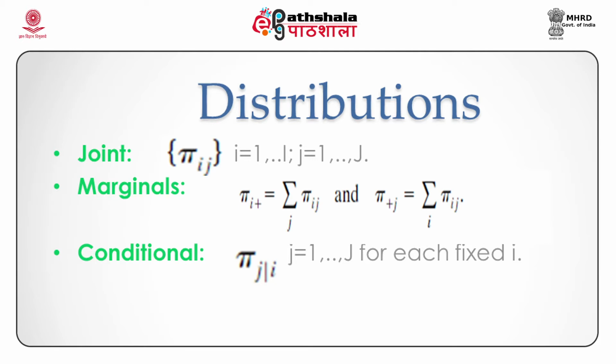Similarly, we can define the other marginal distribution, pi plus j equal to summation over i of pi ij, which is the marginal distribution across the columns. We can also define the conditional distribution, pi j given i, which is the probability of an individual lying in the jth column, given that we know that individual is contained in the ith row. So obviously pi j given i is given by pi ij divided by pi i plus.